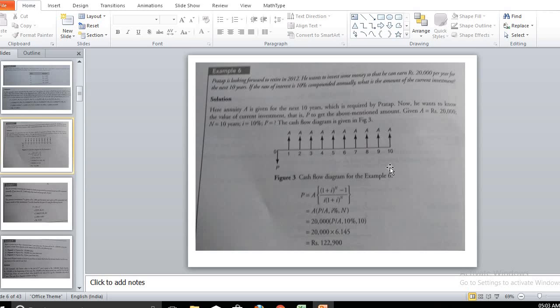So this formula we use here: P is equal to A into ((1 plus I) raised to n minus 1) divided by (I into (1 plus I) raised to n).